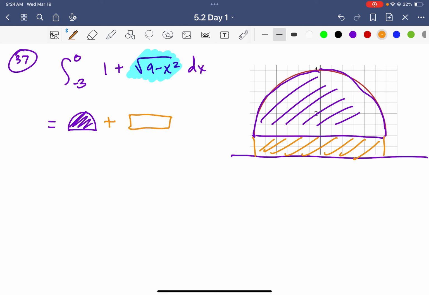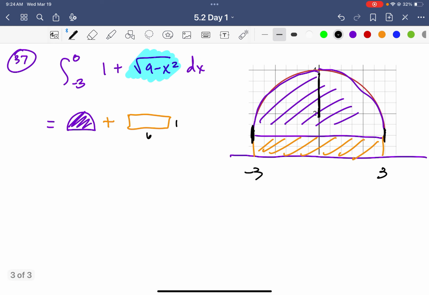plus this. So we can see that since this is a radius of 3, it goes over here to 3 and over here to -3, so -3 to 3. That means this rectangle is a 6 by 1, and then this semicircle has a radius of 3, so it's half.